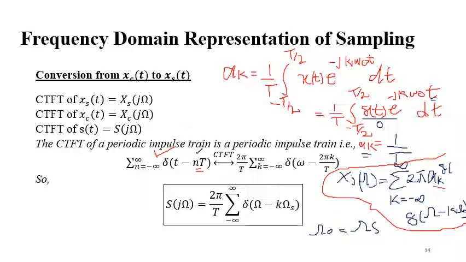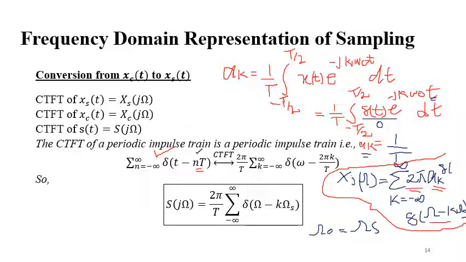Simply multiply the Fourier series coefficient by 2 pi times the impulse of omega minus k omega naught, and sum it from minus infinity up to infinity. That will result in the Fourier transform from the Fourier series.